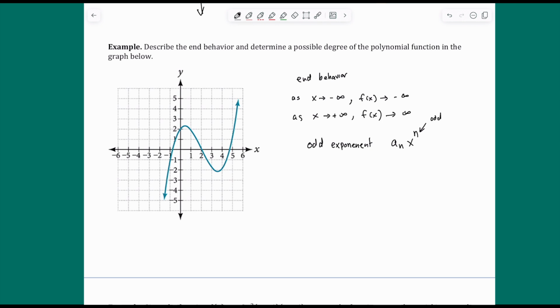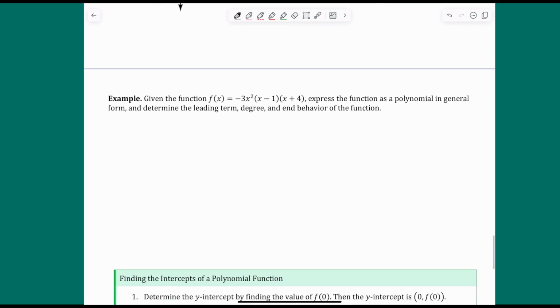And based on the shape of the graph, we know that the leading coefficient a sub n would have to be positive. We can't figure out what degree it was. We could find out, but we would have to study some other concepts like zeros and multiplicities. Okay, let's scroll down to the next example.